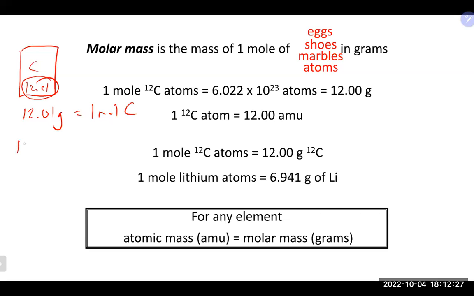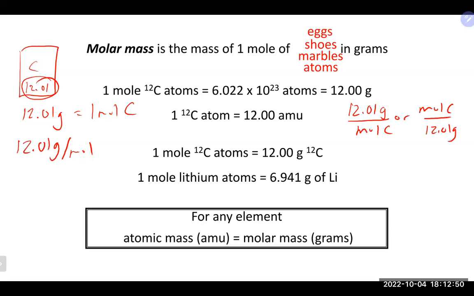Carbon's molar mass is 12.01 grams per mole. We could use molar mass as a conversion factor as well. So you could do dimensional analysis and go 12.01 grams over a mole for carbon, or a mole of carbon is 12.01 grams. So you could do it either way and really use it as a conversion factor.